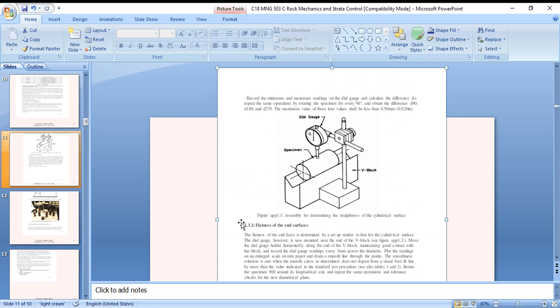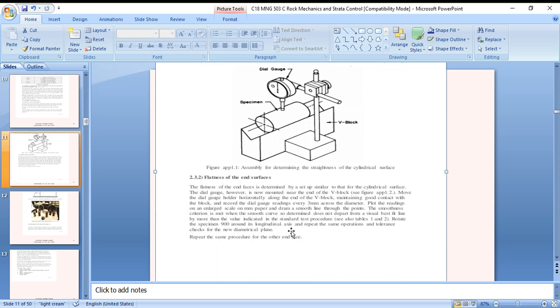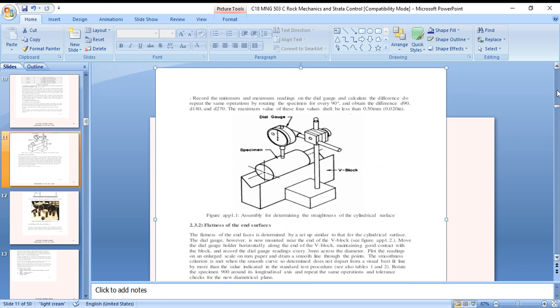And this is the assembly for determining the straightness of the cylinder surfaces. Note the maximum readings on the dial gauge and calculate the difference.